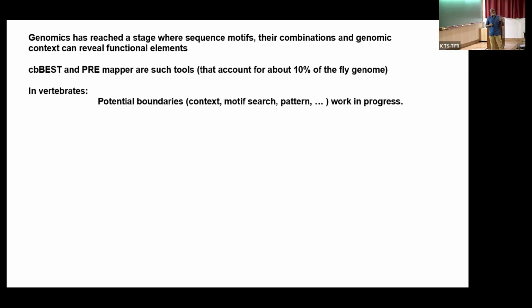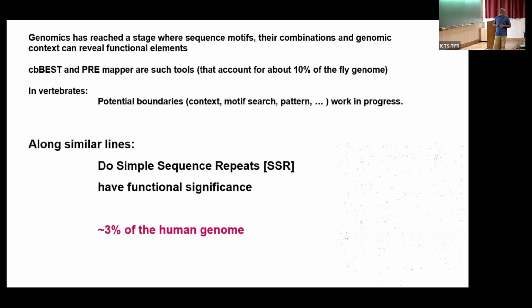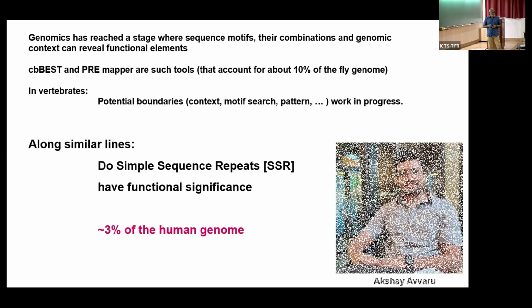We are taking these closely spaced, differentially expressed genes and searching in these thousands of intergenic regions for patterns, where there are motifs, going to epigenome data and looking at context and pattern. And I think we are now close to a tool that can actually predict boundaries even in vertebrate systems. So that's the work that is happening. We will test some of them, and on some other occasion we will talk about it.